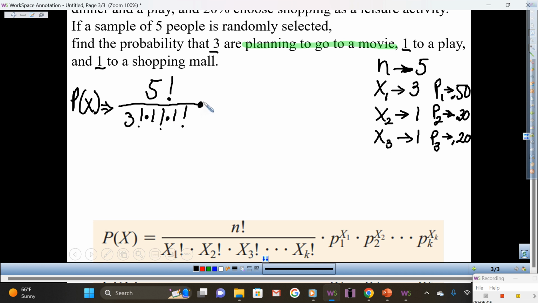Times. It reads P of 1 to the X of 1. Tell your neighbor what to write next in parentheses. 0.50, yes. To the what? To the third power, okay. Times, everyone, 0.30 to the first. And last but not least, 0.20 to the first. Okay. All right, calculators.